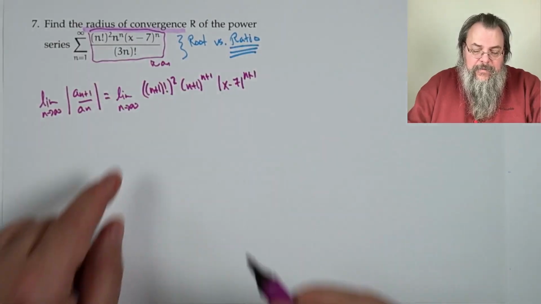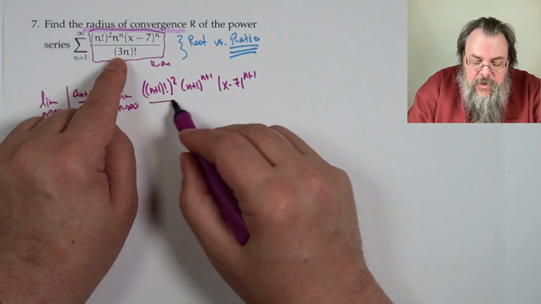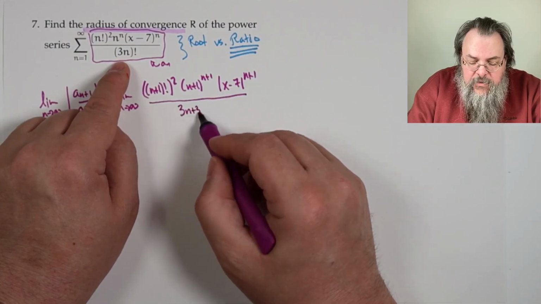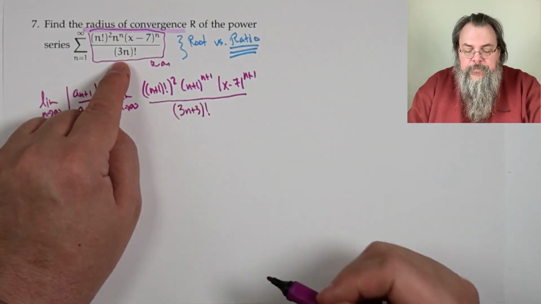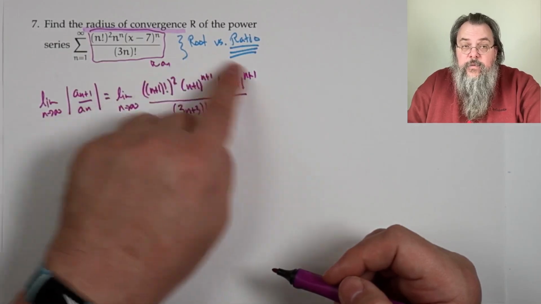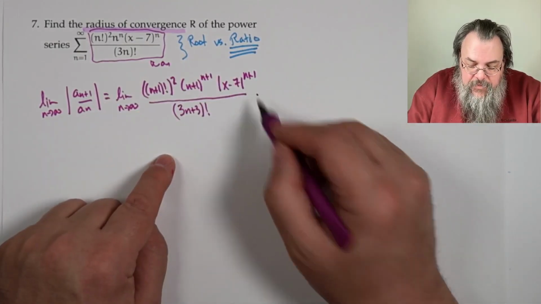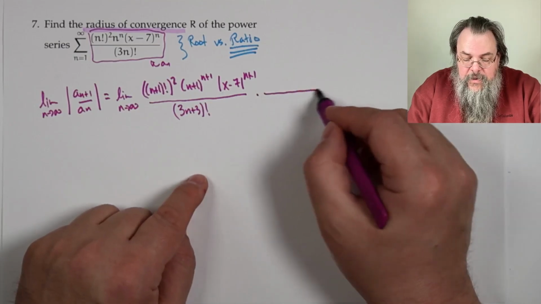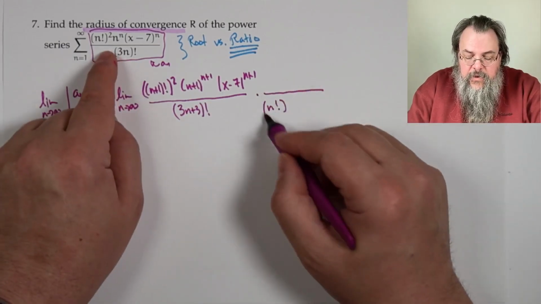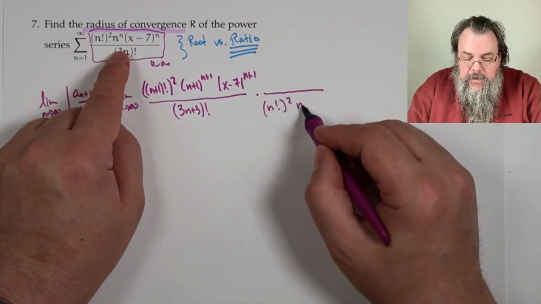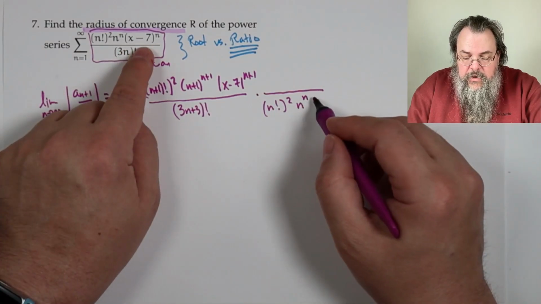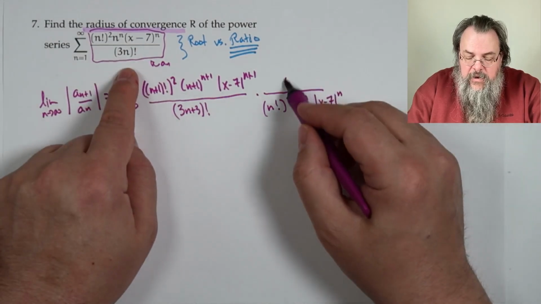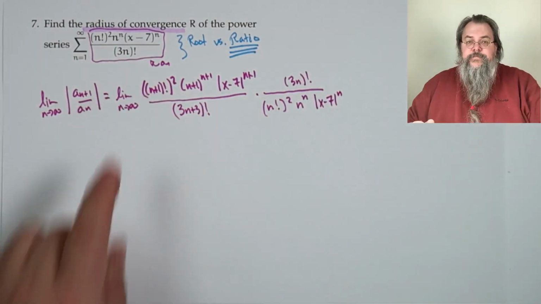Nothing else can be negative. Then downstairs, we have 3 times n plus 1. I'm going to go ahead and write this as (3n plus 3) factorial. Okay, so that's a_(n+1) times the reciprocal of a_n. So we have our (n factorial) squared, our n to the n, our absolute value of x minus 7 to the n, and our (3n) factorial.